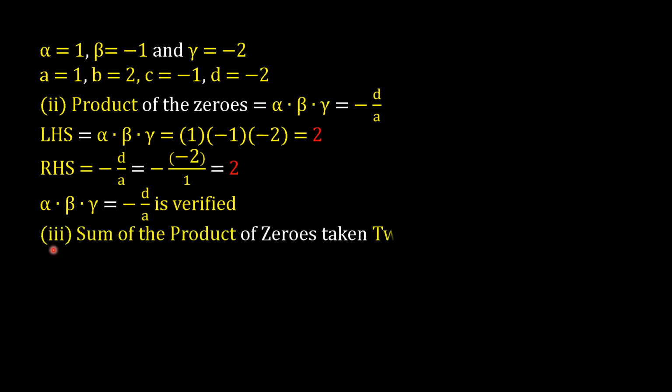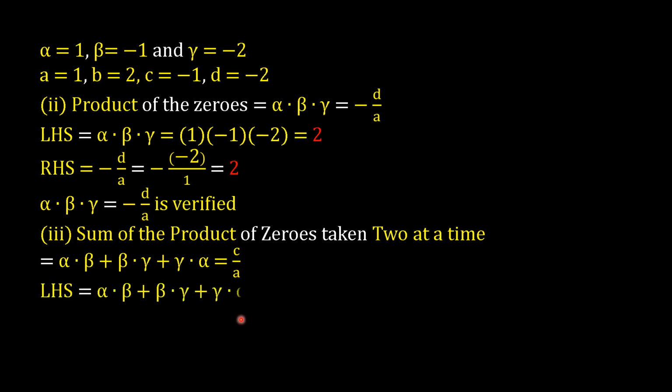Third relationship is sum of the product of zeros taken two at a time will be alpha beta plus beta gamma plus gamma alpha equals c upon a. We will put the values here.